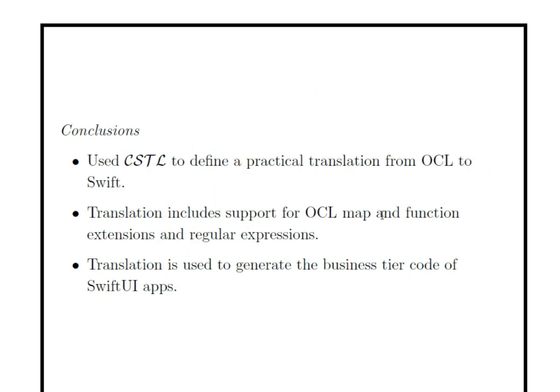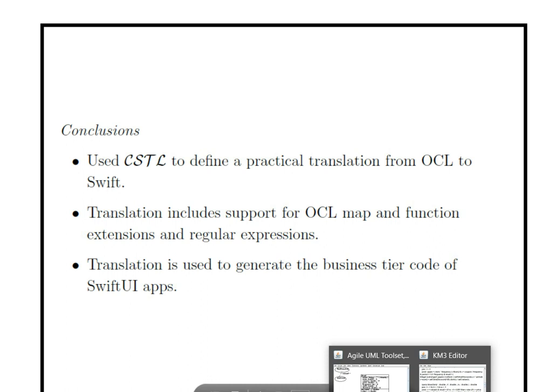So in conclusion, we've used CSDL to do a practical translation from OCL to Swift. That translation includes a large part of the OCL library, and also includes some support for extensions, and we use that to generate business tier code of Swift apps.